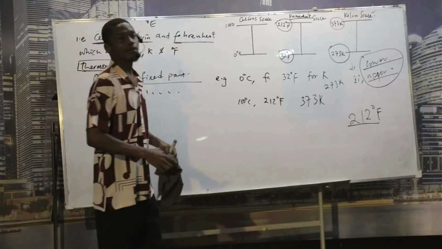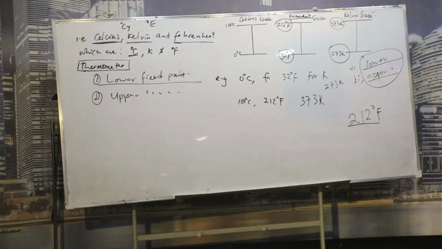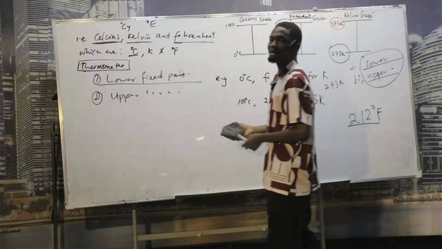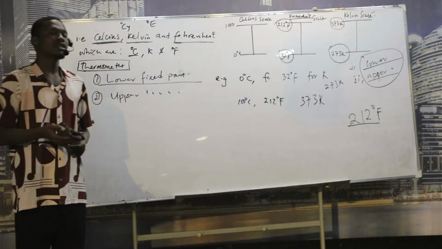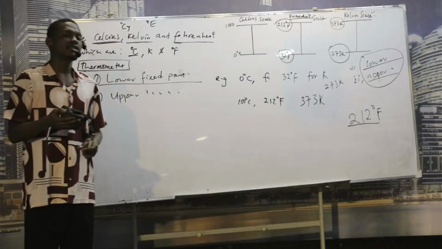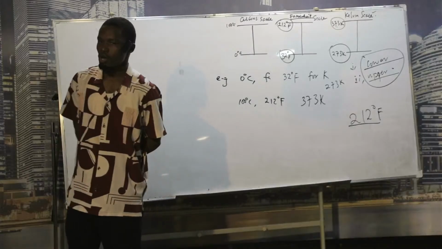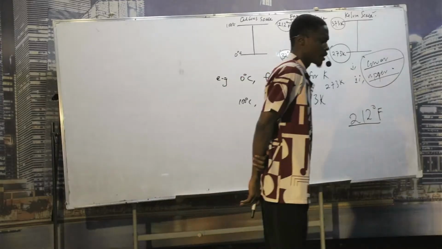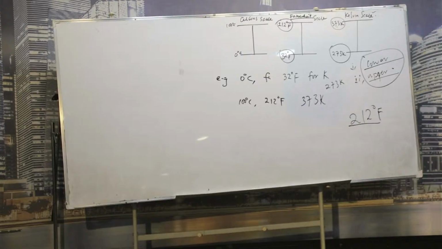Thermometers can be calibrated using standardized or good thermometers. Let's say you have a faulty thermometer. That faulty thermometer is going to cause errors when you are using it.